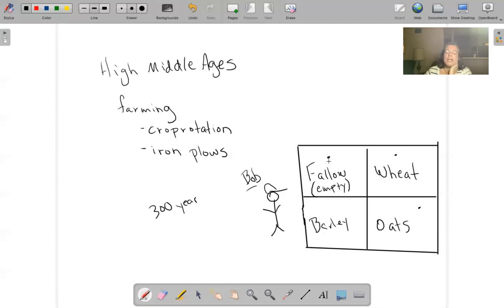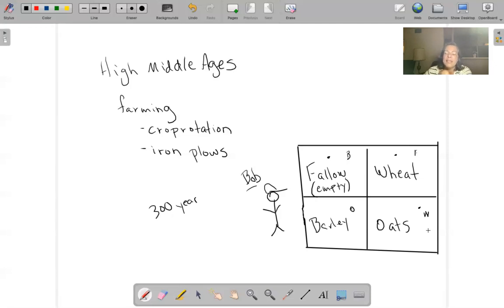Oh, I'm turned around. I've messed up. But if he turned it in a circle, so the next year, this one's fallow, and this one's wheat, and this one's oat, and this one's barley.